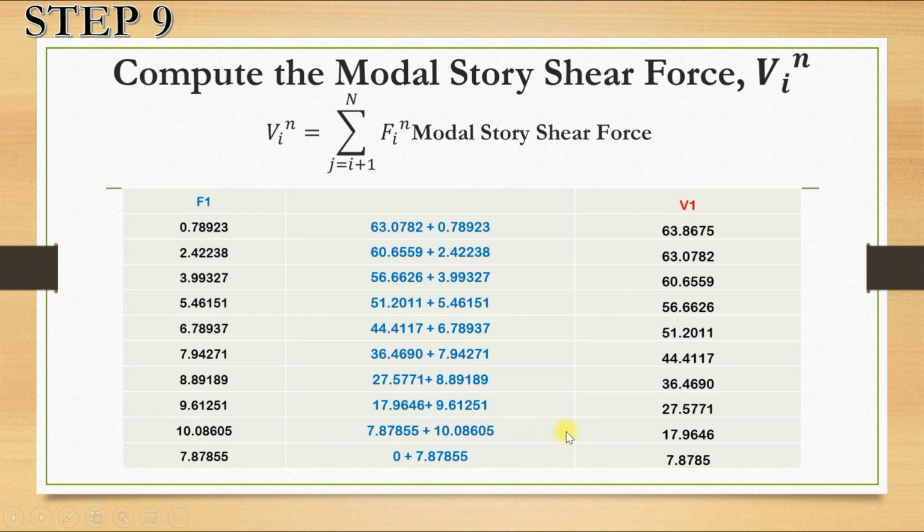So, 7.8785 plus ito, 10.08605. Ito na. So, magiging 17.9646.